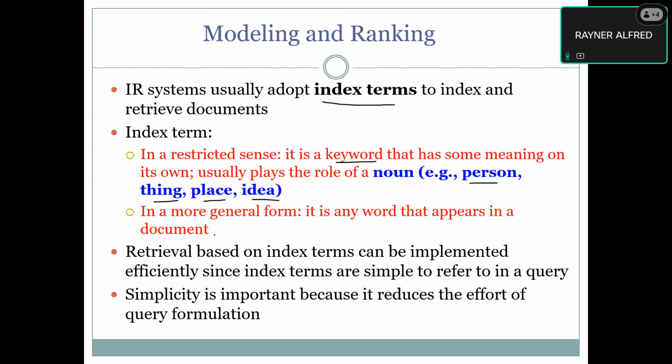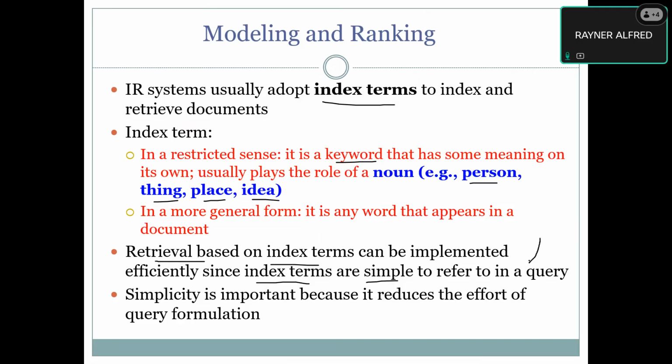Our keyword cannot be very general. It must be very specific to that particular document, so that you will be able to retrieve that document later on. Since we have so many documents, we must minimize the number of keywords used to describe the document. Retrieval based on index terms can be implemented efficiently, since index terms are simple to refer to.